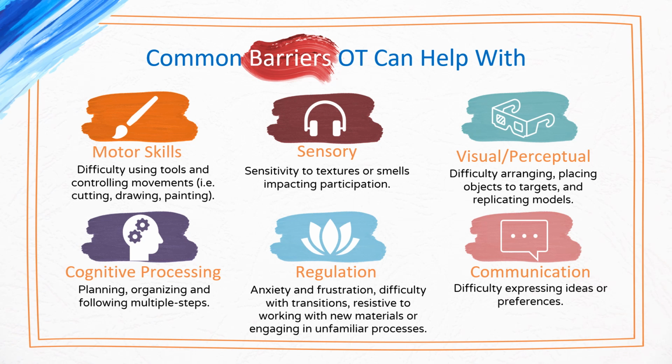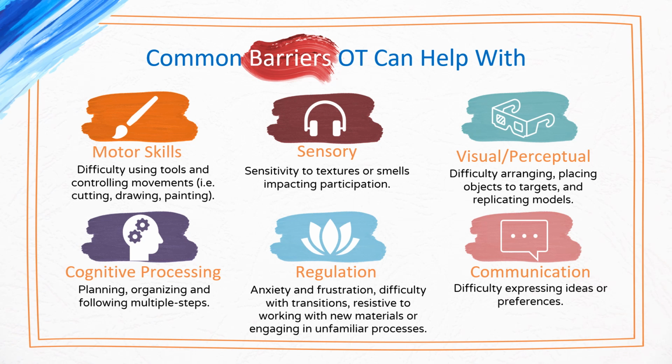Some common barriers the OT can help with are motor skills, so difficulty using tools and controlling movements, such as cutting, drawing, and painting. Some sensory, such as sensitivity to textures or smells that are impacting their participation. Visual perceptual issues like difficulty arranging and placing objects on targets and replicating models.